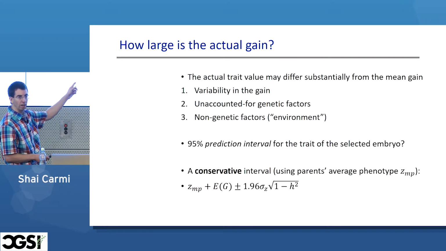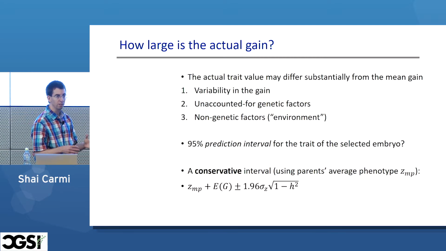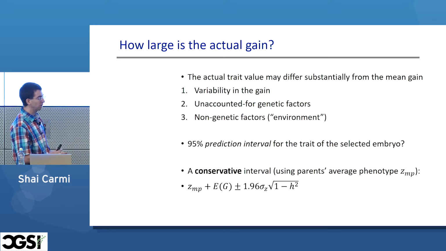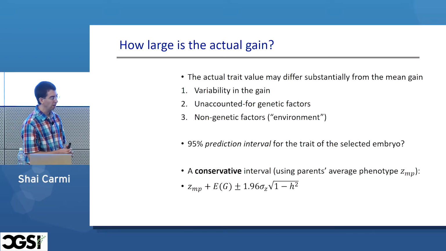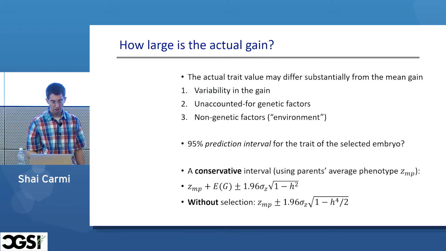Then we have the mean gain, and then some variability. To be most conservative, let's assume we can explain the entire heritability of the trait based on both the scores and the phenotypes of the parents, and this adds the term 1.96 sigma_z times the square root of 1 minus h squared.